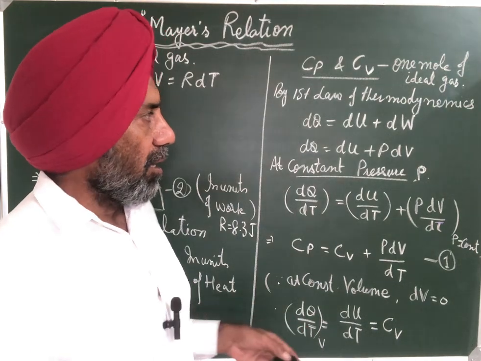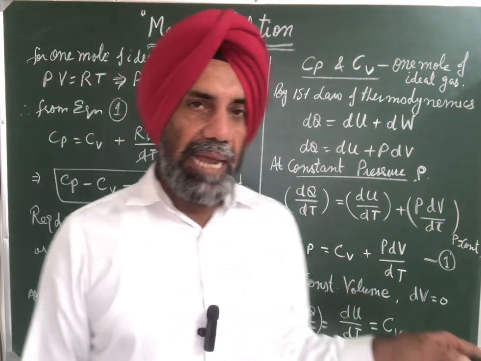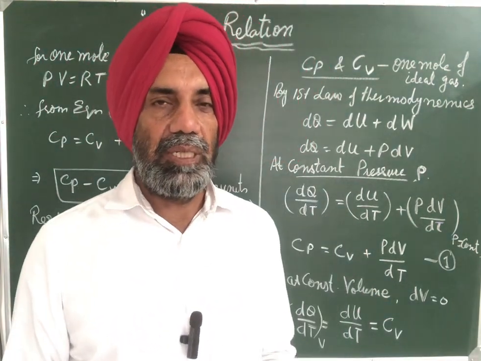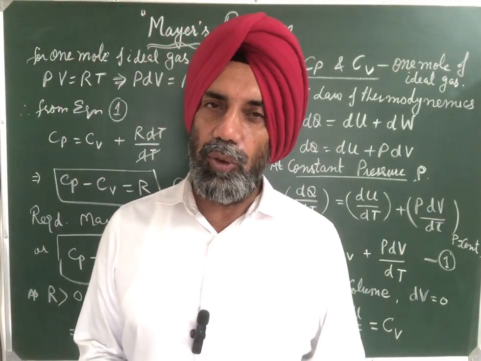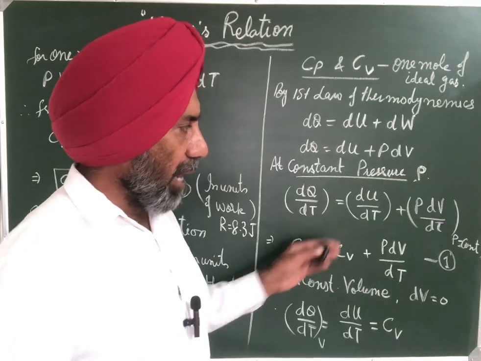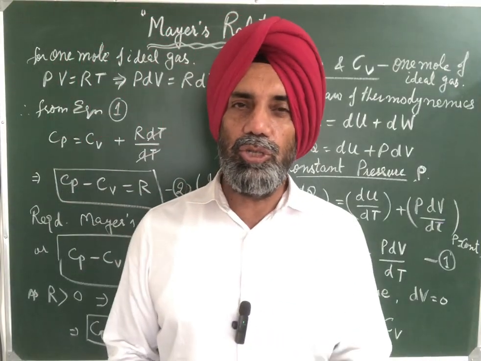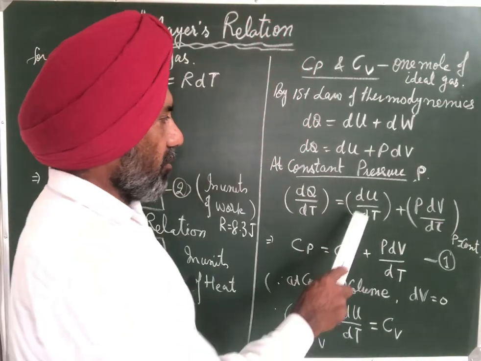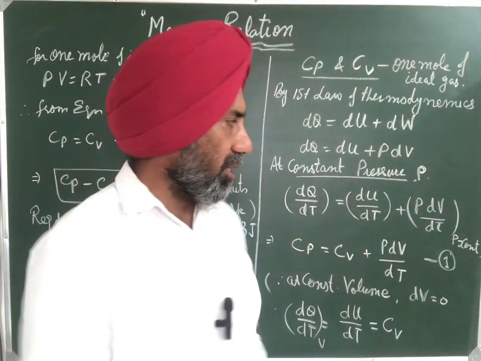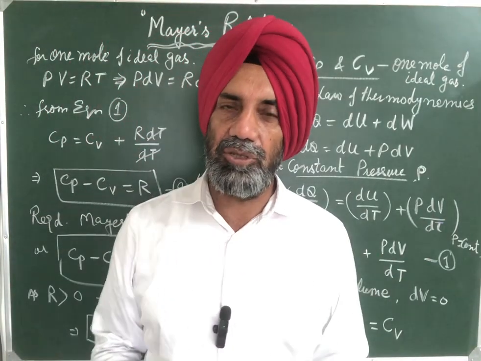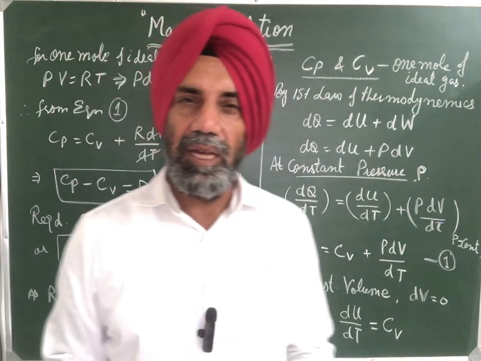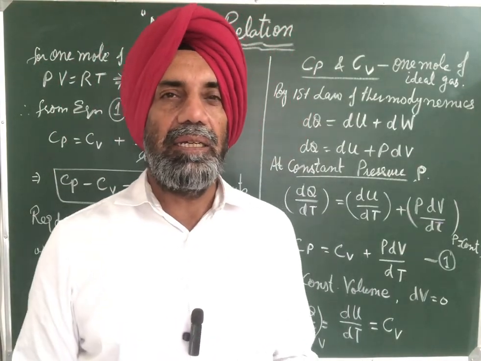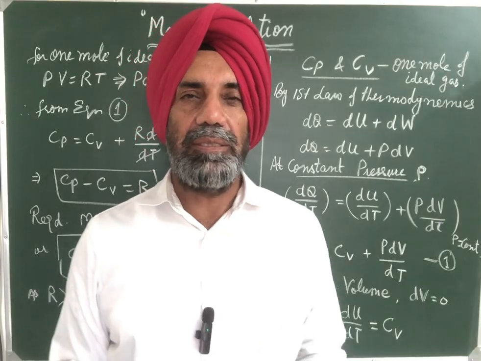When gas is heated at constant volume, the amount of work done is 0. So the amount of heat supplied to the system is used only to increase the internal energy of the system, because dV is 0, dW is 0. But when gas is heated at constant pressure, the amount of heat supplied is used in two ways.